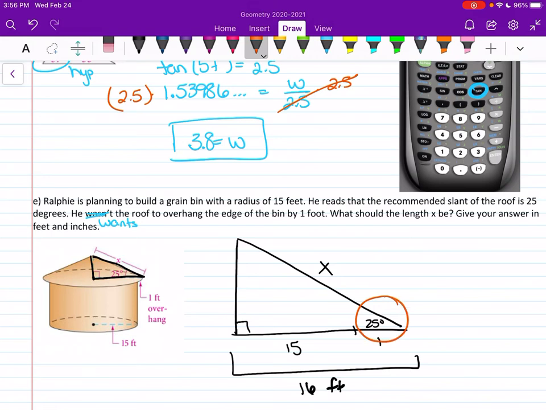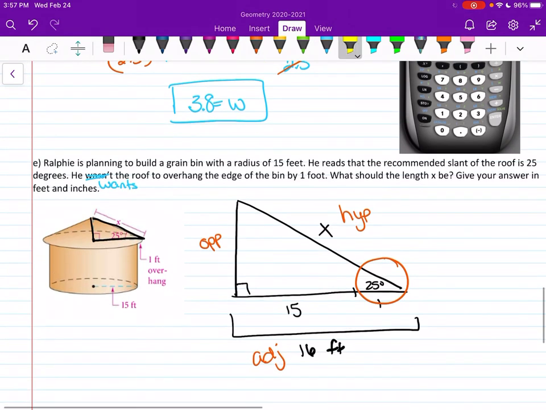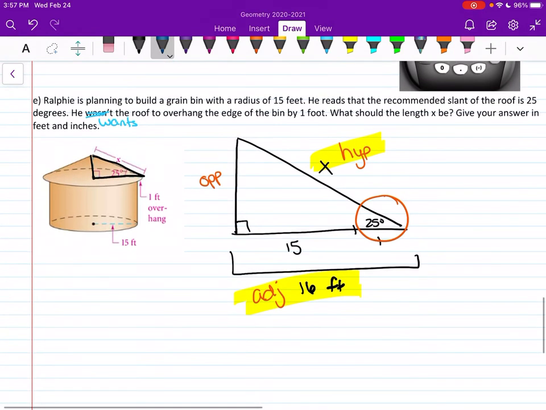I'm going to label all my sides: hypotenuse, opposite, and then 16 is the adjacent. So I have information about the hypotenuse and the adjacent. That means I'm going to use cosine. So I have the cosine of 25 degrees equals the adjacent 16 over the hypotenuse x.